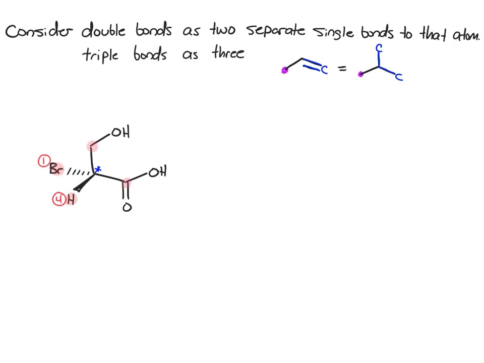What you want to do is think about what's attached. This carbon at the top, if it helps, you can draw in the hydrogens. This carbon is attached to an oxygen, a hydrogen, and a hydrogen.